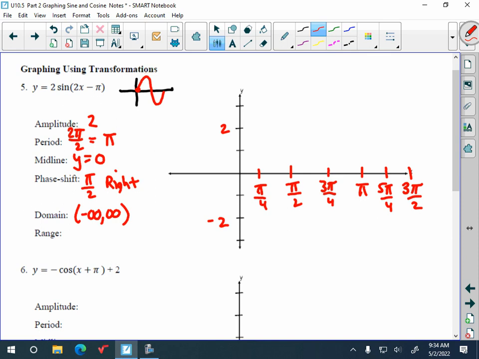All right, so our graph is going to start at pi over 2. This is where it starts. All right, and then our shape, we're going to go up, down, and end at the x-axis. So go ahead and put your 5 points in there, and you can connect it.